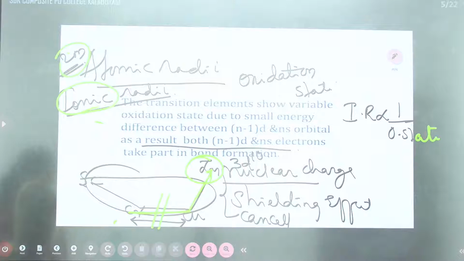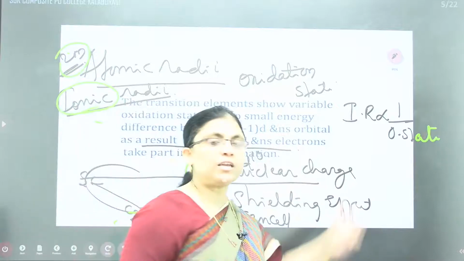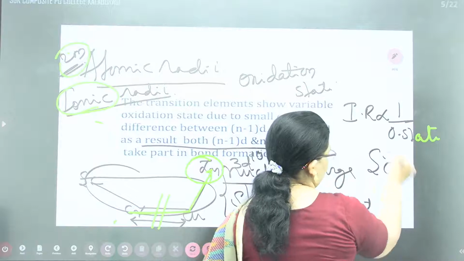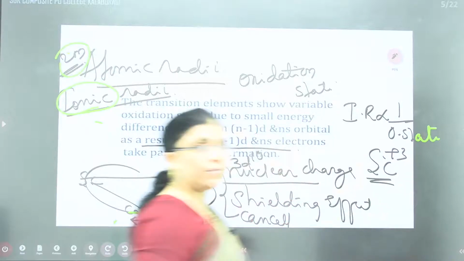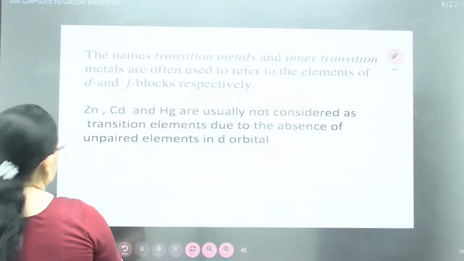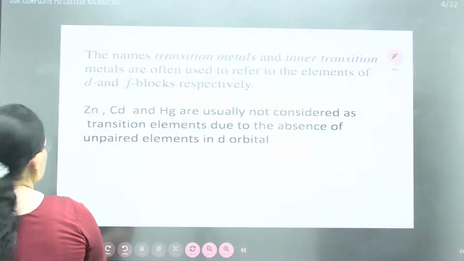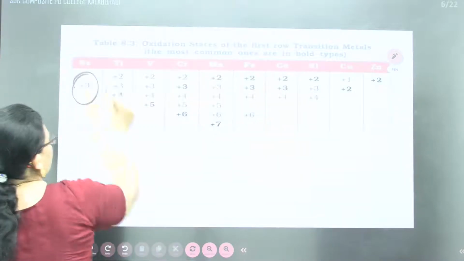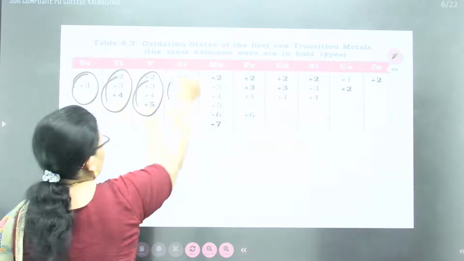Another point to remember is that, for example, for the first transition element scandium, it will show a +3 oxidation state. Because, as I said in the previous class, there are variable oxidation states. The oxidation state is expressed in terms of the sum of the number of electrons present in the n-1 d and ns orbitals.